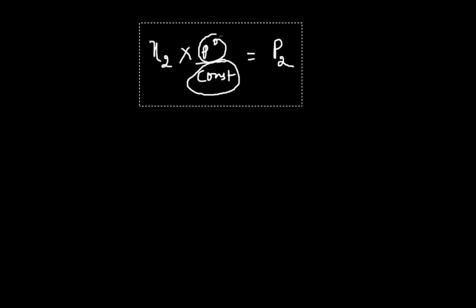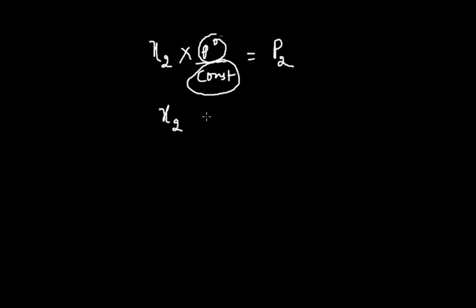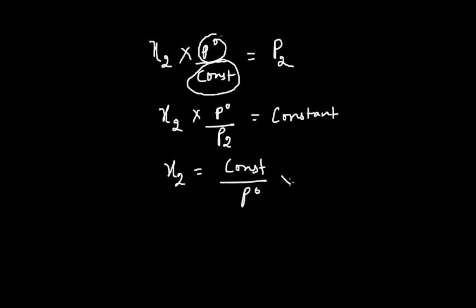Let me do it in terms of mass. I bring back again these two things: x2 into p naught by p2 is equal to a constant, which means x2 is equal to a constant by p naught into p2.